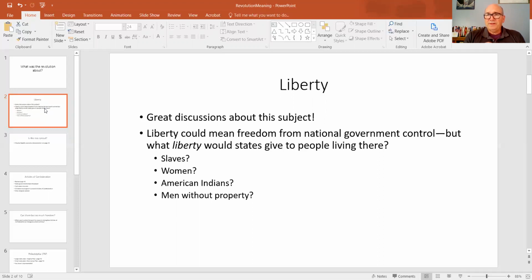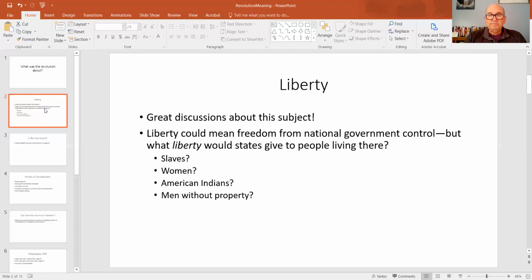Does that necessarily mean that the people living there from an individual perspective are going to enjoy liberty? Just because the state has liberty from the national government, or a country has liberty from another country, it doesn't mean that the individuals, or some of the individuals, or perhaps even most of the individuals living in that country, are going to get to enjoy individual liberty.